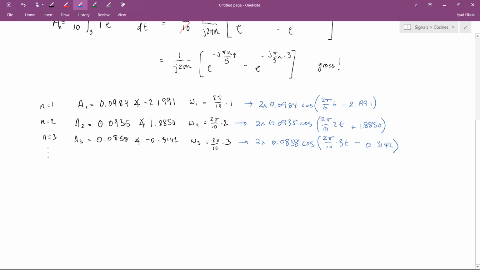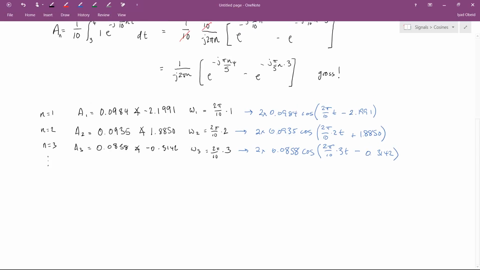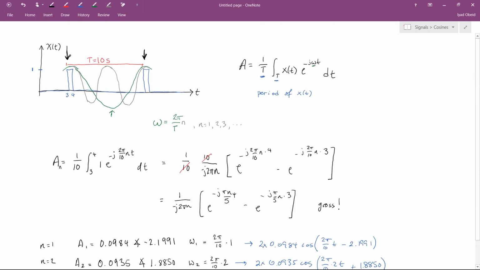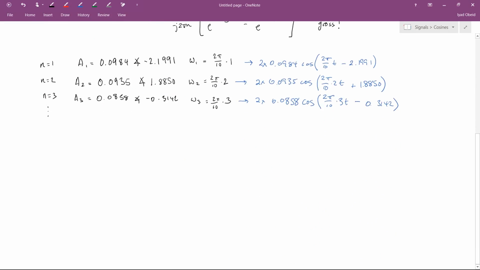Okay, so our square wave contains each one of these three cosines. The last thing we're going to do is plot the sum of those three and see what we get. With just those three cosines, it should start to approximate the shape of x of t. Let's give that a whirl real quick, and then we'll call it a day.